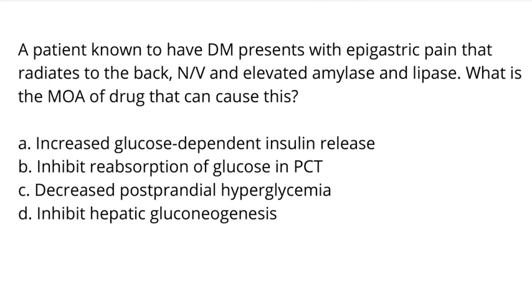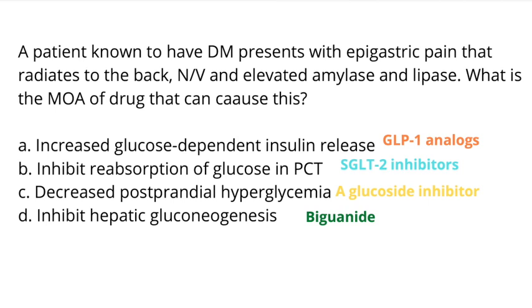So this patient most likely has pancreatitis because of their clinical symptoms. So we have to know which antidiabetic drug can cause pancreatitis. So let's correlate these mechanisms of action with the respective drug classes. Option A is describing GLP-1 analogs, B. SGLT2 inhibitors, C. Alpha glucosidase inhibitor, or D. Biguanides.